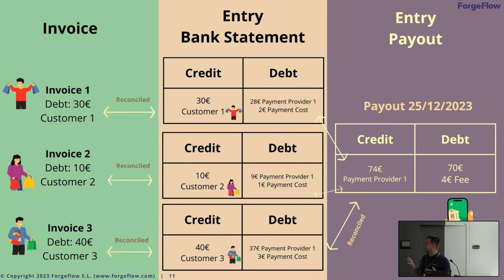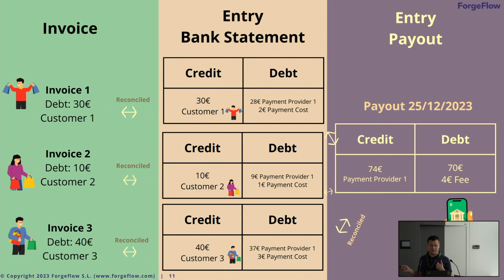I think here it's easier to understand. We have a lot of customers that have a debt. They have paid, but in Odoo we have the invoice still open because we need to reconcile. So this customer has paid 30 euros, 10 and 40.